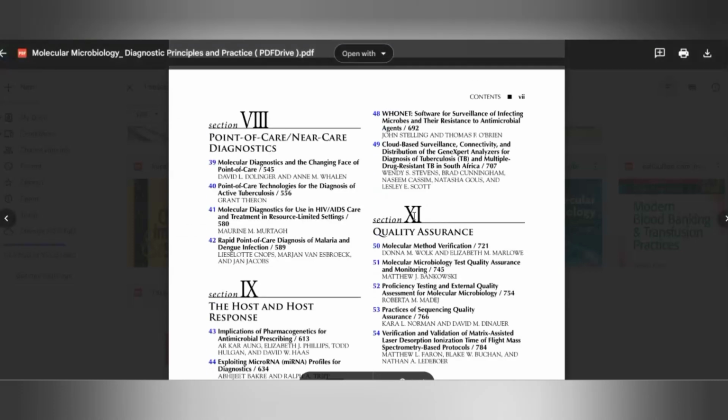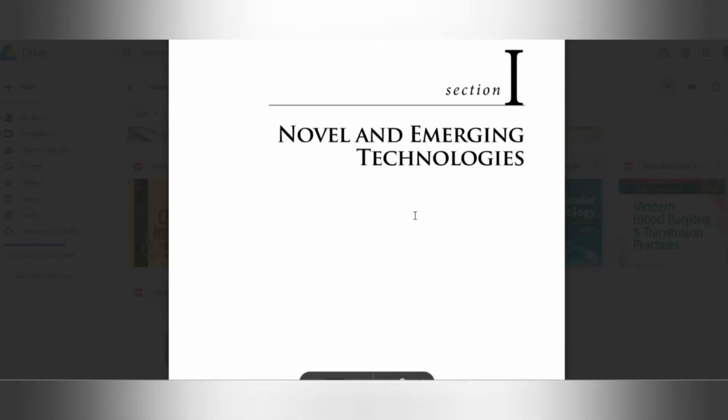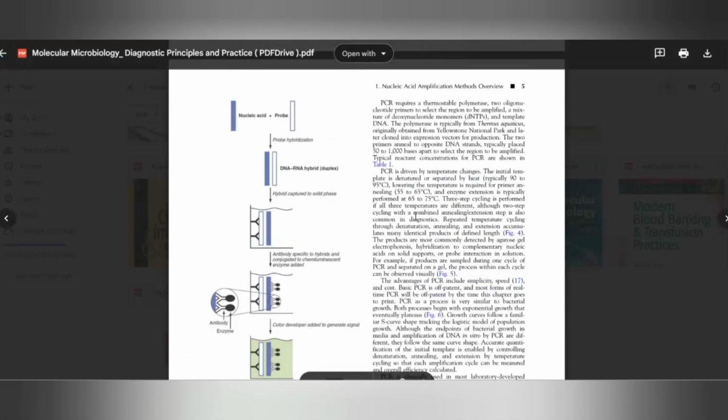For ASCPi, only use this book as a reference book, not as a reading or revision book, because it is very voluminous and lengthy, and some of you might be put off by the font of this book, but it explains very well.